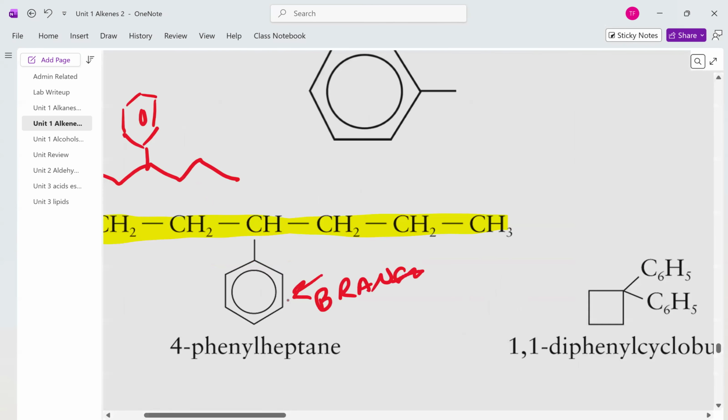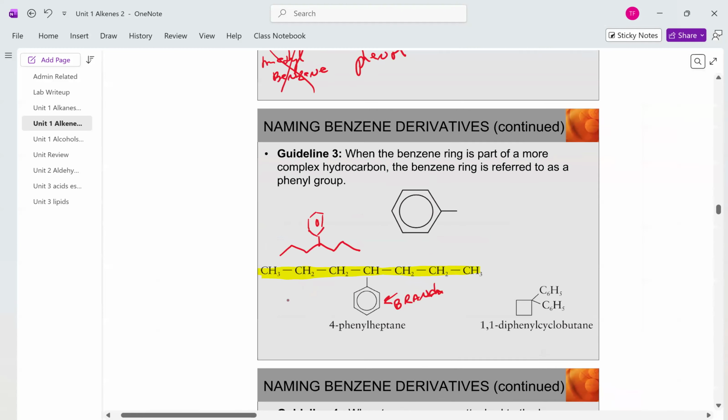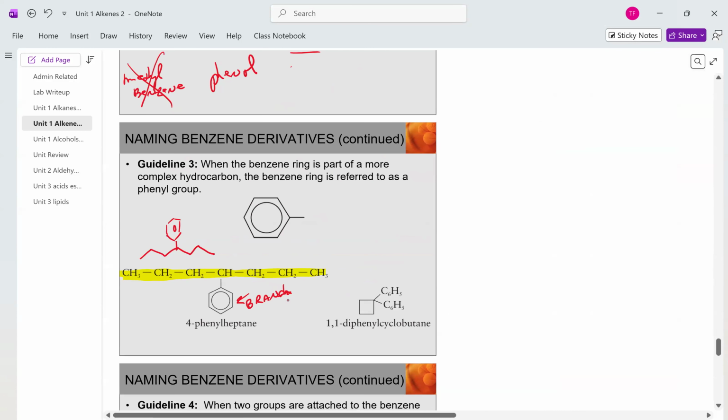Notice the backbone doesn't go through that benzene ring branch. Okay, so benzene changes name to phenyl instead of benzene. A lot of students make mistakes and they'll call it benzyl. And it's not benzyl, it's phenyl.